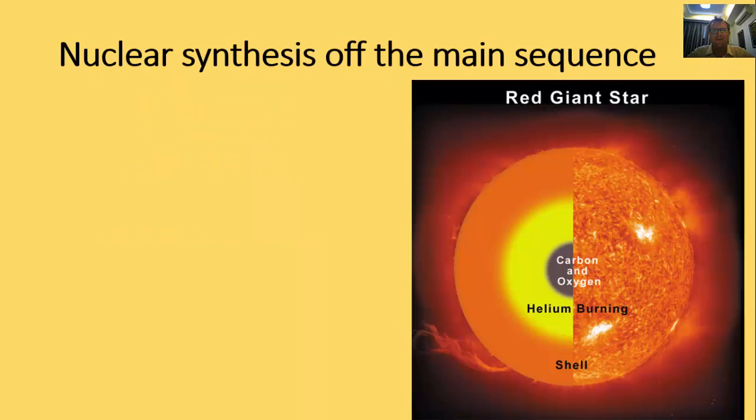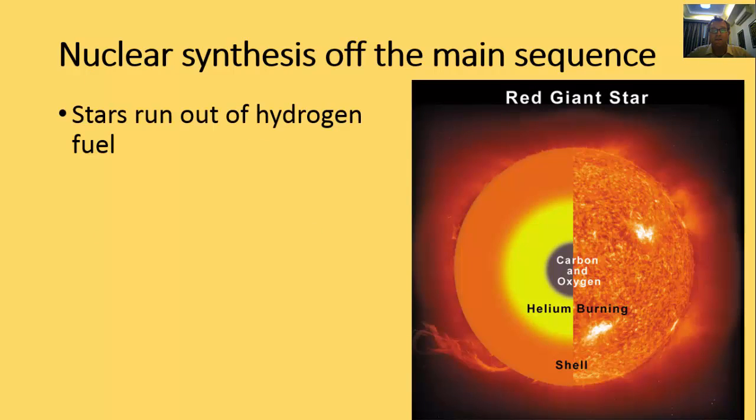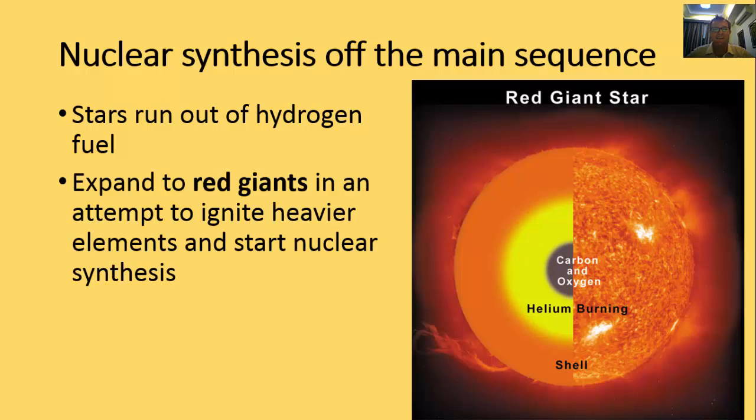So let's start off with what we're going to think about, which is nuclear synthesis off the main sequence. Stars run out of hydrogen fuel, that's the end of the time on the main sequence, and they expand to red giants in an attempt to ignite heavier elements and start nuclear synthesis. So that's the production of heavier nuclei.